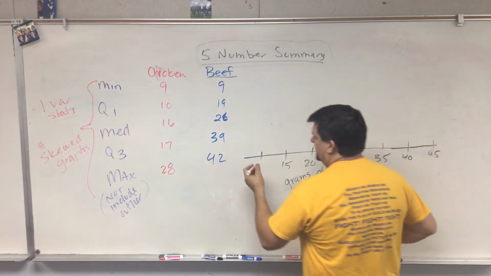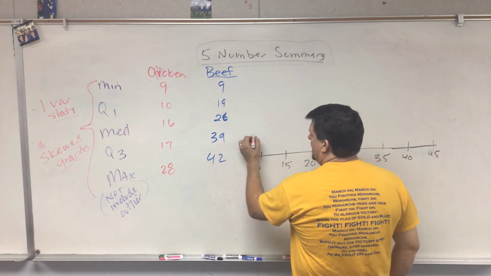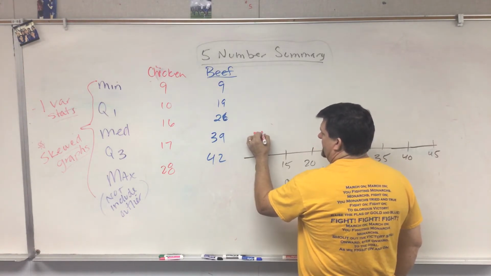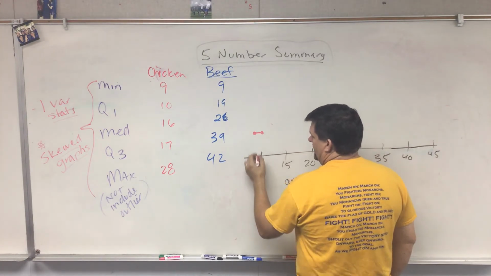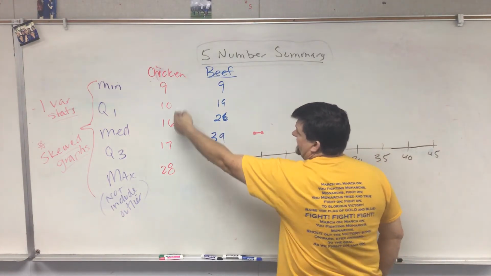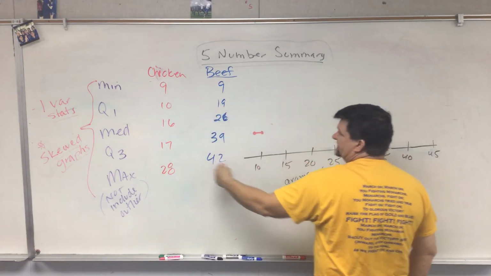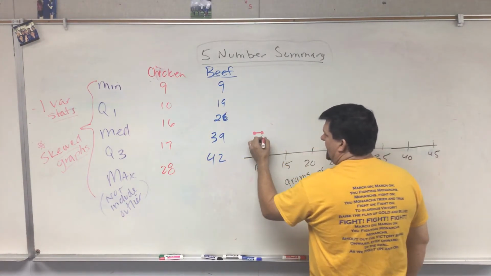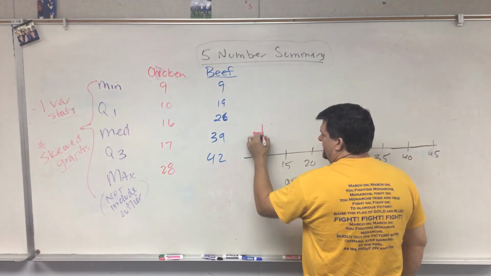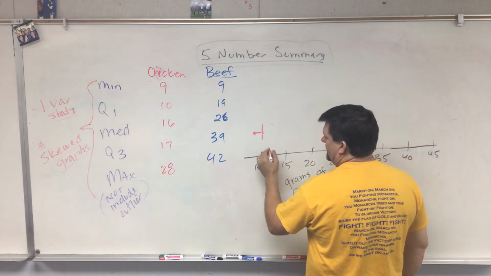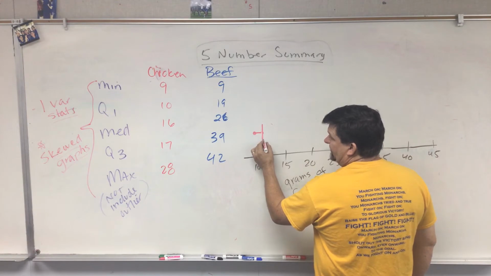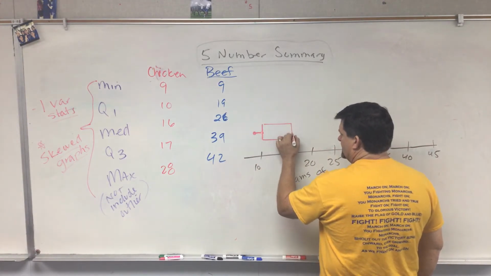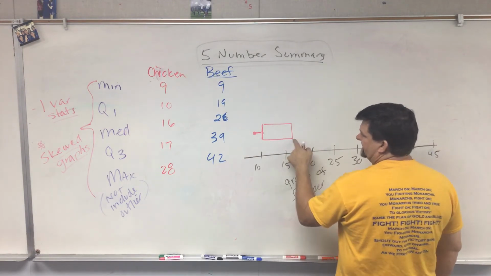And then I'm going to do the chicken one here. So I'm going to go 9, draw a line to 10. We're going to go in this order from left to right: minimum, Q1, median, Q3, maximum. And then I'm going to draw the side of a rectangle. Then I'm going to go to 16, where my median is. Put a line, so that's my median.